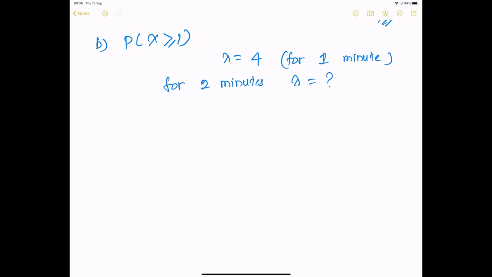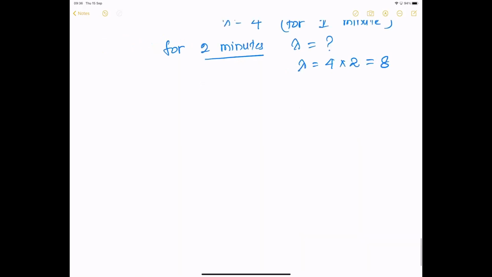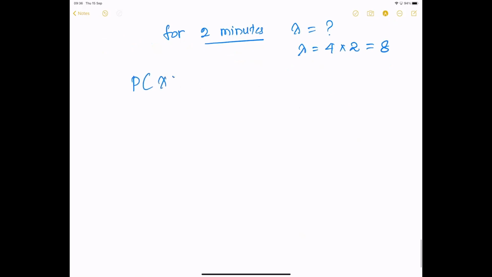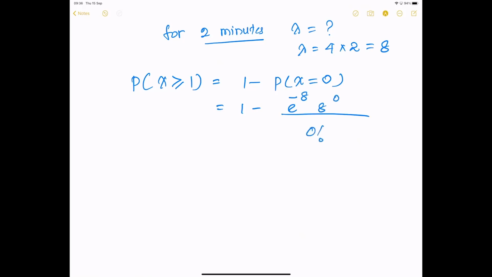Now for 2 minutes, that should be 4 times 2, that is 8. Now you can substitute values into your equation: 1 minus P(X equals 0), with 0 factorial. The answer should be approximately 0.9997.